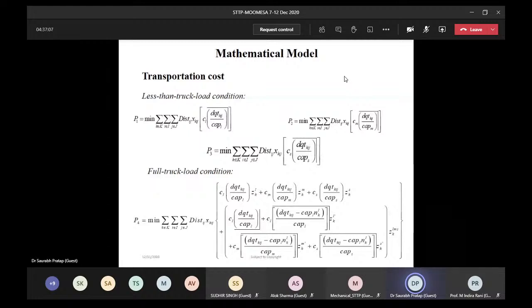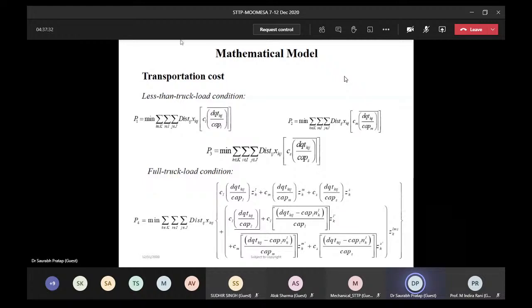Definitely you will try for a full truck load, because if the truck is less loaded, just like I am an e-commerce company owner, I have to pay the same amount of money and the product is less in comparison to the vehicle capacity.